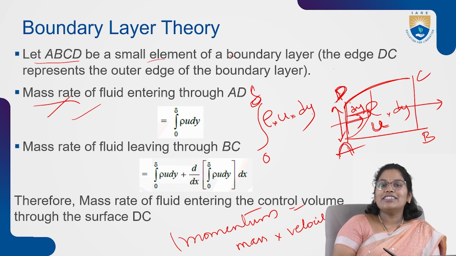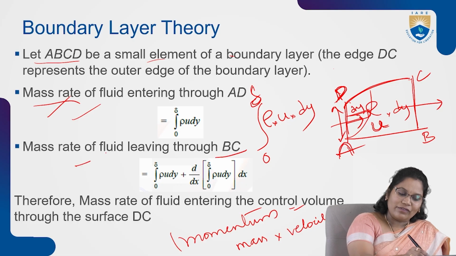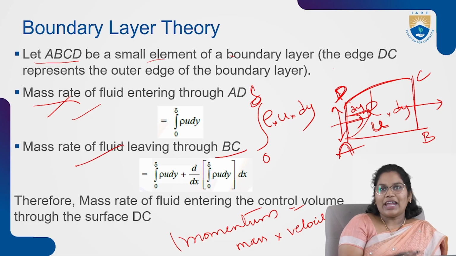The mass flow rate which is entering at AD. Now we are calculating the mass flow rate for BC, which is the fluid leaving at section BC.